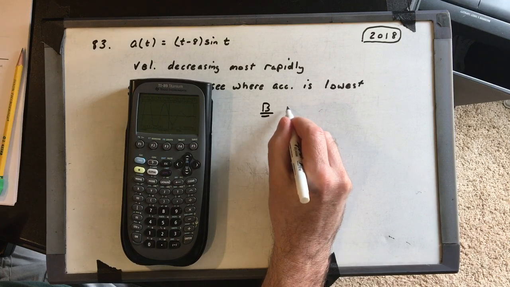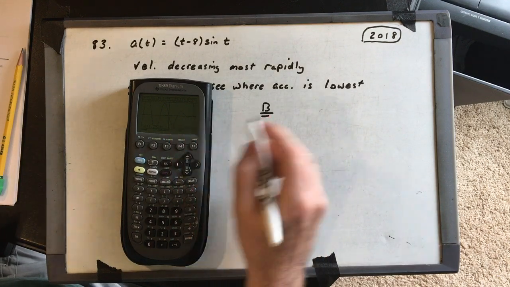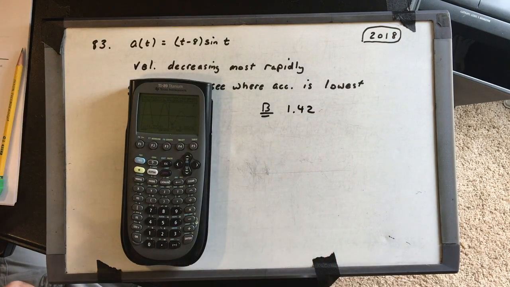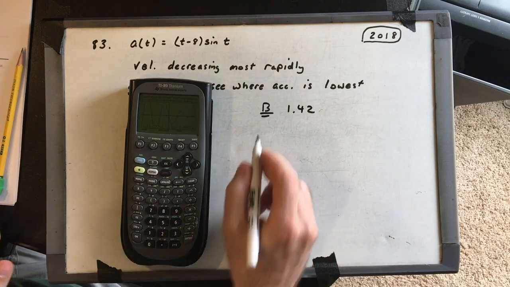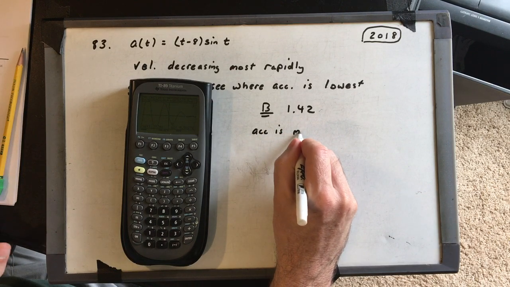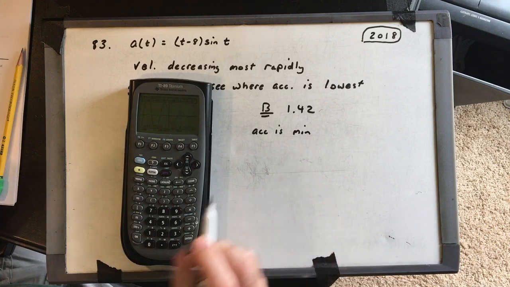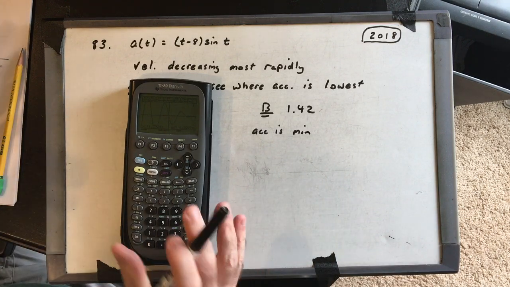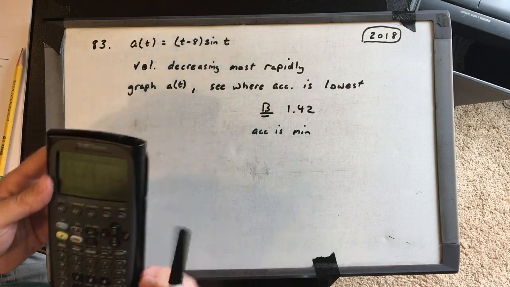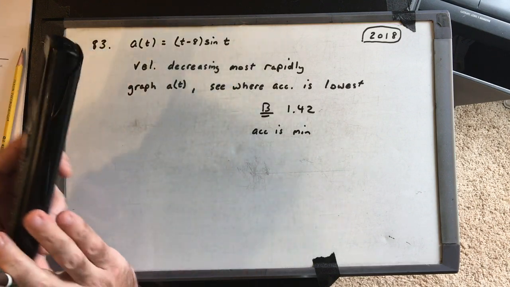On my graph, I traced it 1.39, but it's close enough to 1.42 to know that that's where acceleration is a minimum at that point, between 0 and 8. Now, I know there's ones that go further south to the left, but that's not between 0 and 8 there.